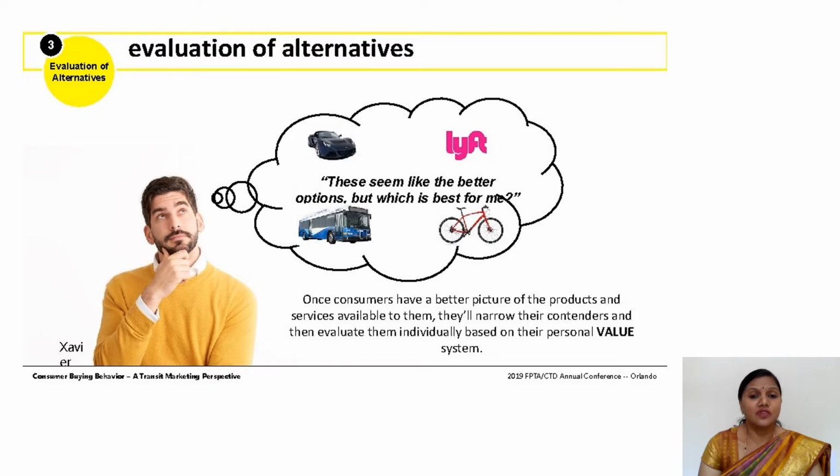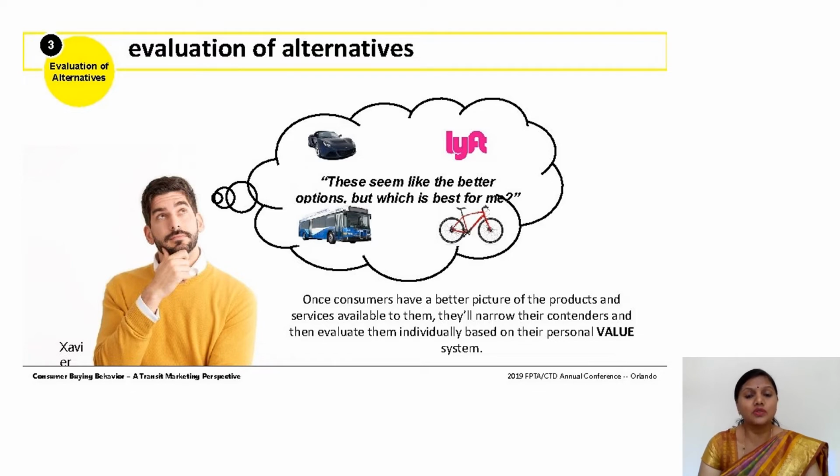So evaluation of alternatives. Once consumers have a better picture of the problems relating to the products and services available to them, they will narrow their contenders and then evaluate them individually based on their personal value system.